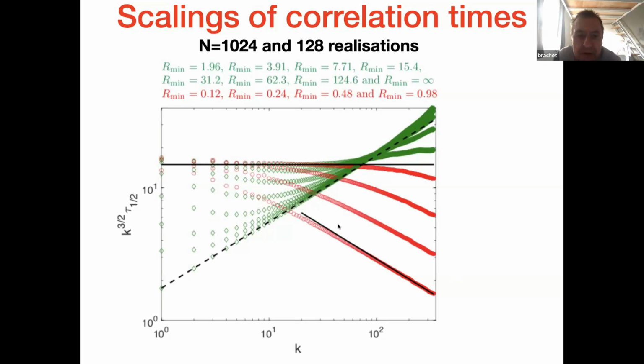Now the various runs have various colors according to the Reynolds number. The small Reynolds numbers are in red, you see. So when I get a very small Reynolds number, I can see that at large wave number, I get the k to the minus 2 scaling, okay?